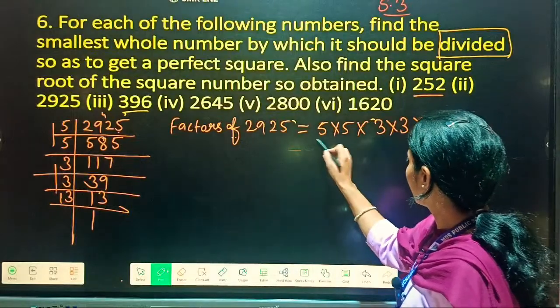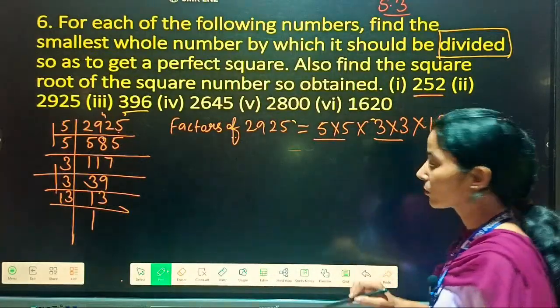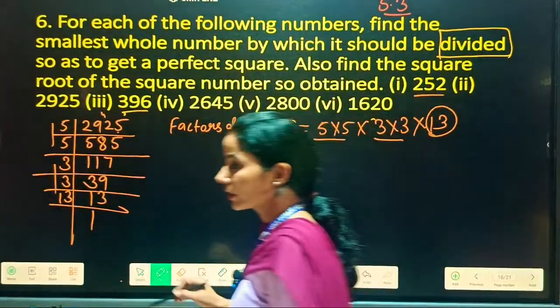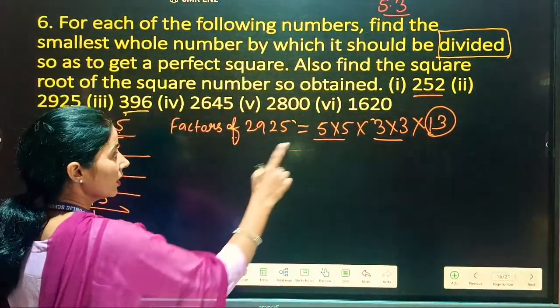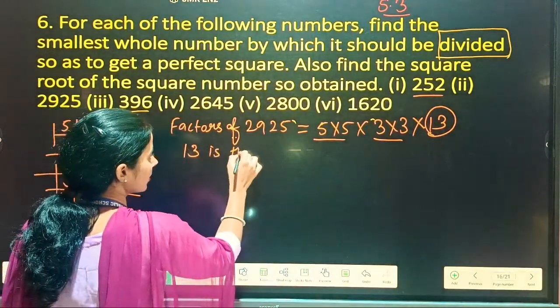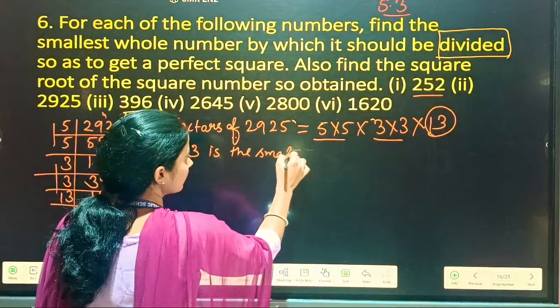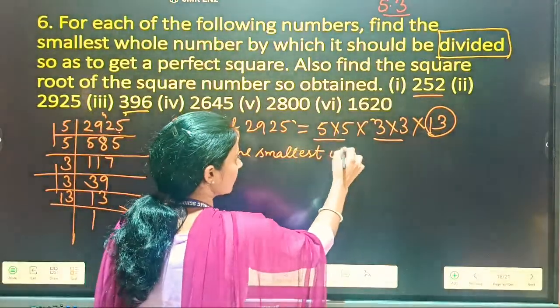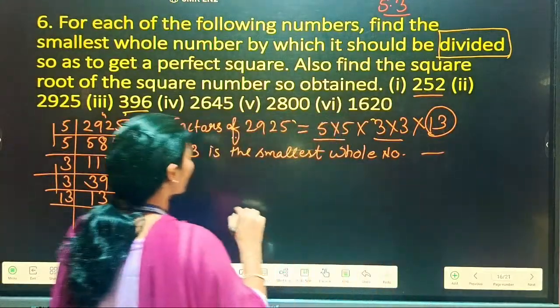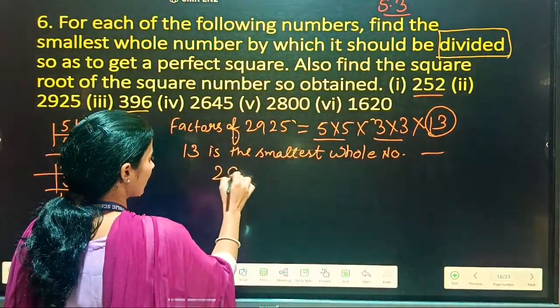Check the pairs. 5 is in pair, 3 is also in pair. But this 13 is not in pair. So this 13 is the smallest whole number by which we have to divide our given number.